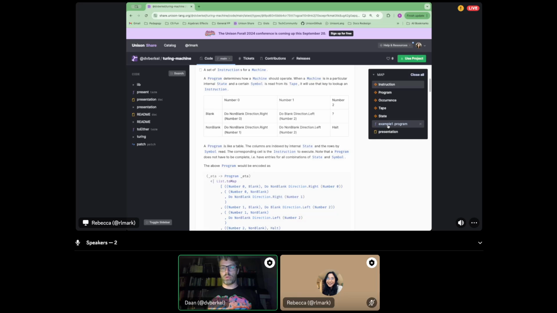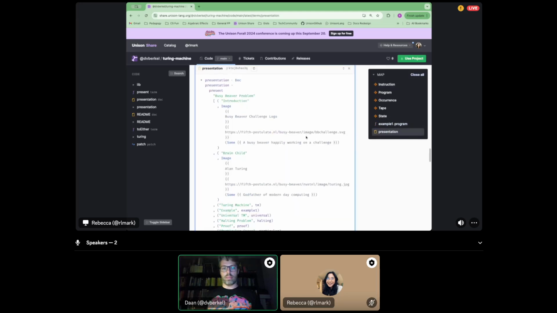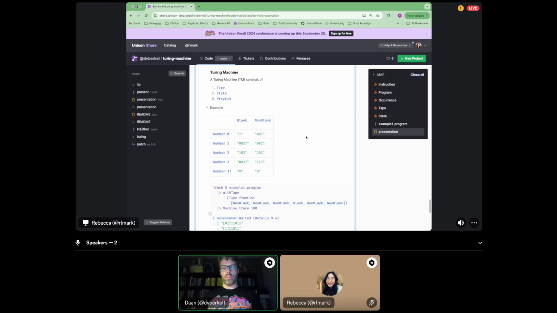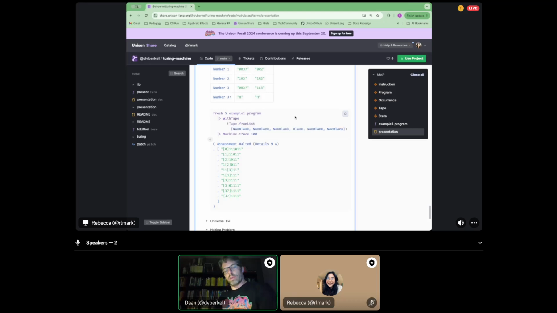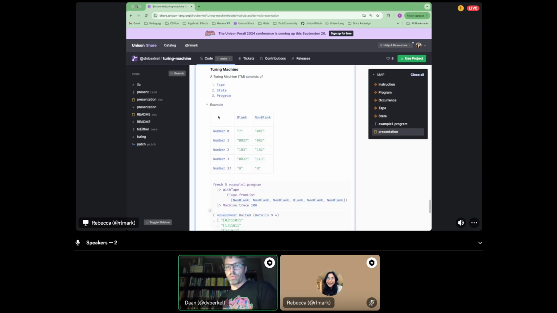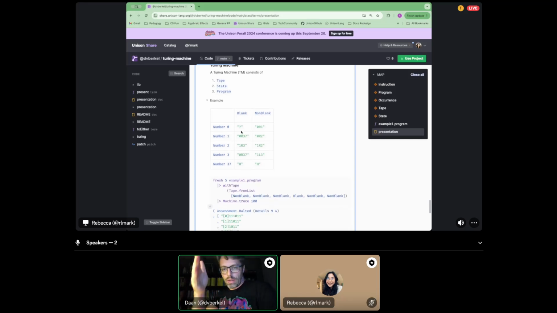And if you scroll down to the presentation, and I think it's already folded open. Yeah, this is it. You have the program represented above, and the instructions aren't literal terms now, but they are strings representing a term. How you have to read those is that the first character is either a 0 or a 1, and that's the symbol to write on the tape.